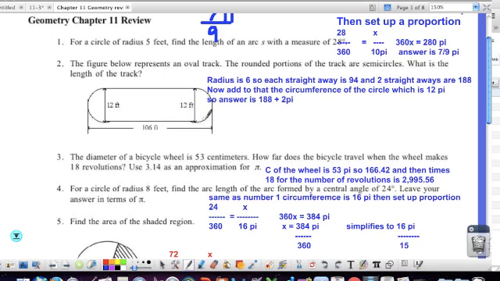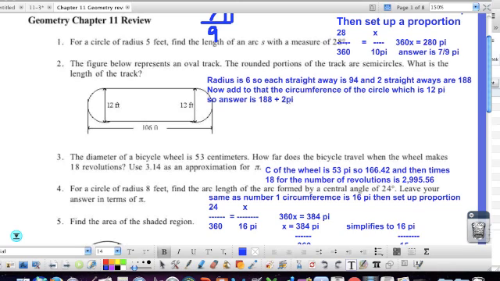Now you're going to have two semicircles, so together the entire circle, and you find the circumference of that. Since the diameter is 12, the circumference is 12 times pi. So the actual answer is 188 plus 12 pi. I made a typing error there, so I'm going to fix that.